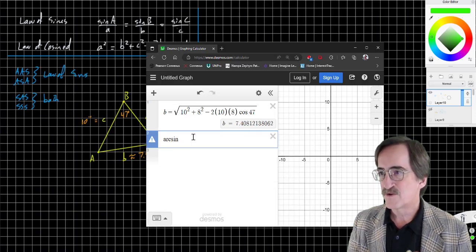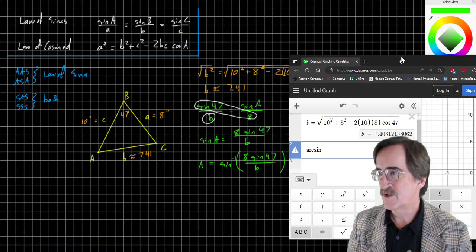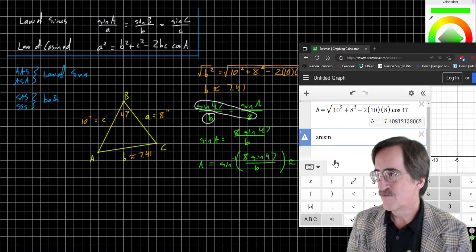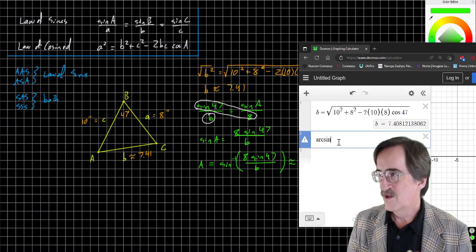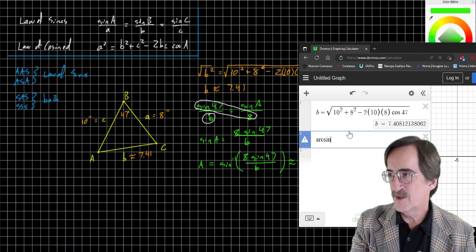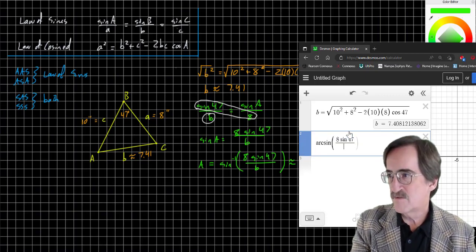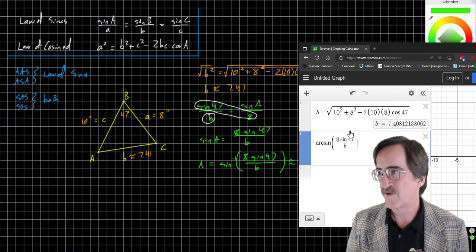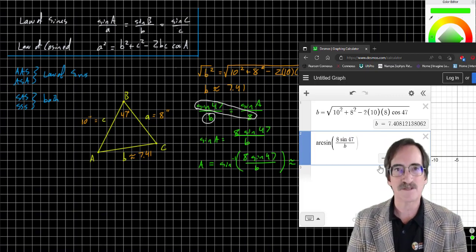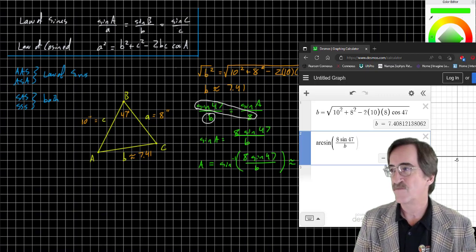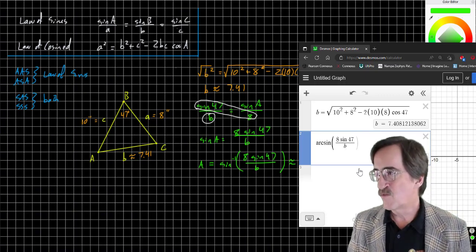But I prefer to type ARC-SIN because it's faster. Okay, arc sine, 8 sine 47, all divided by b. Now, b is an actual number, 7.41, but if I use b now, it uses all those digits, and I don't have to worry about round-off error. Okay, 52.17.